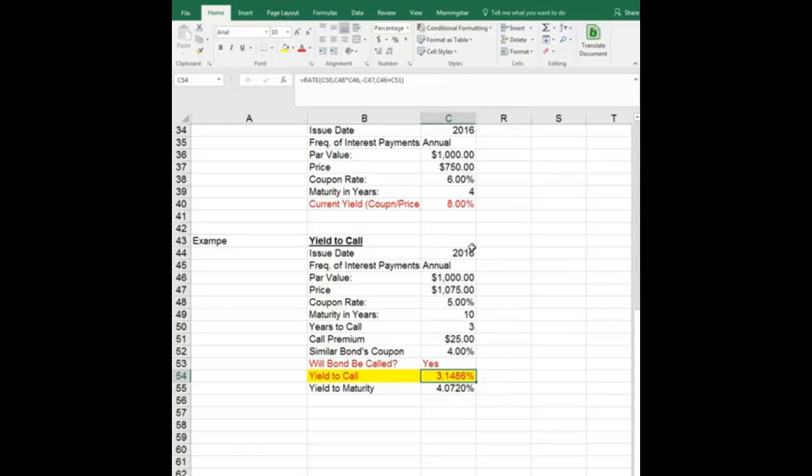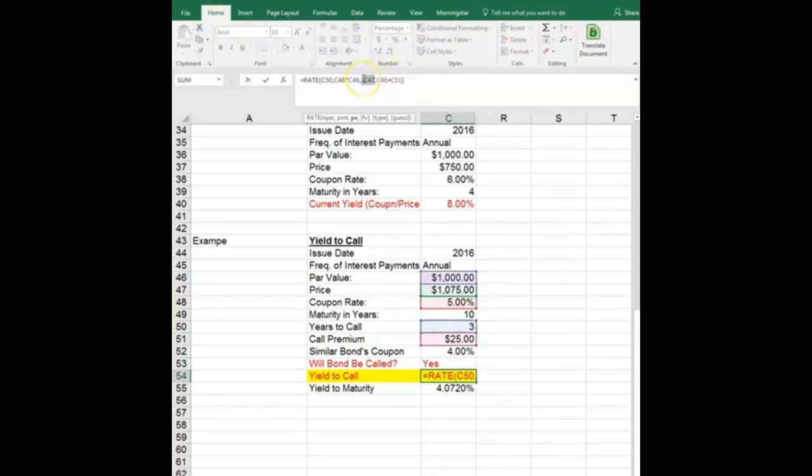So if we purchase this bond for $1,075 and we have 3 years to call, present value of $1,075 and a future value of $1,000 plus $25.